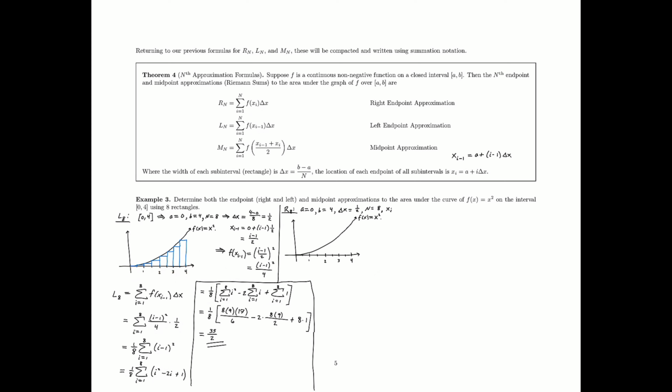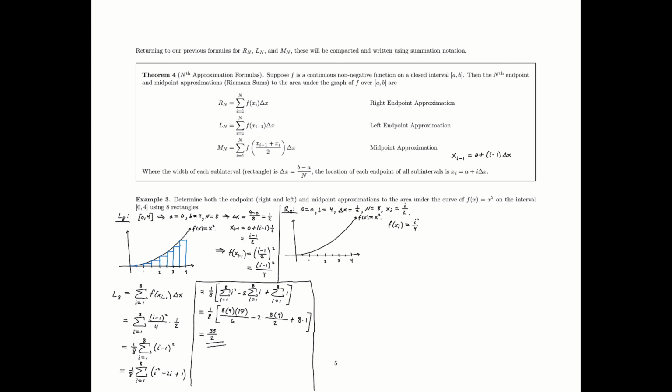So for the ith rectangle, this right endpoint would be x sub i, the left endpoint would be x sub i minus 1. So x sub i in this case is going to be just, well, 0 plus i delta x. Since delta x is a half, this is just 1/2 times i, or i over 2. Which means that our function, f of x sub i, is just i squared over 4.